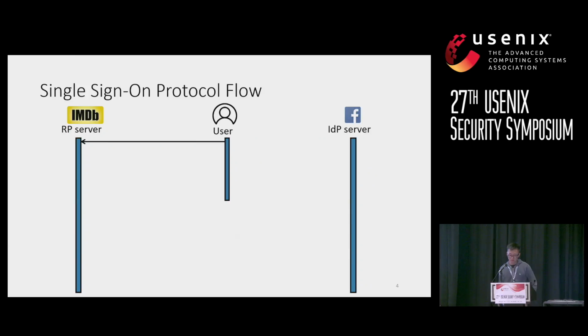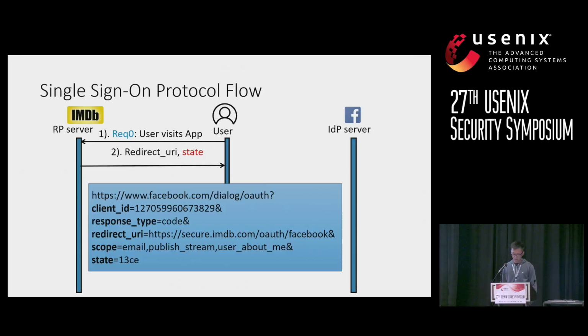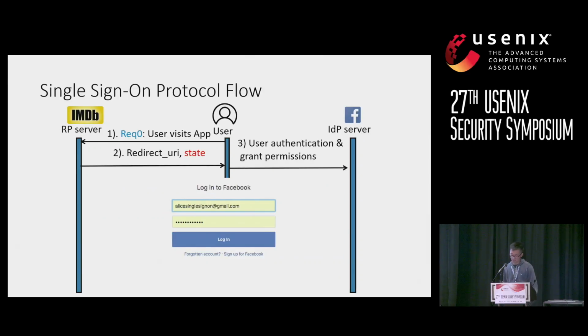Okay, so under the hood, here's the single sign-on protocol flow. In step 1, the user initiates the single sign-on process with the RP server. And then in step 2, the RP server responds with a redirect URL and a state parameter to prevent cross-site request forgery. And then the user will be redirected to Facebook.